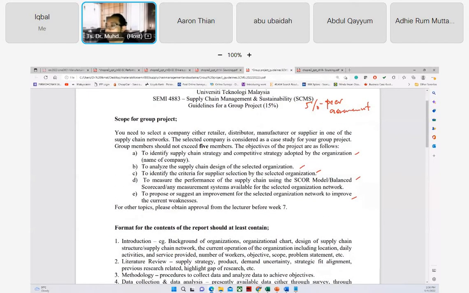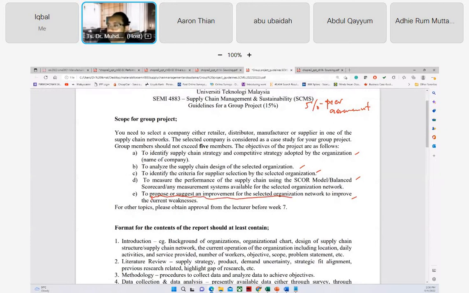And then E, to propose or suggest an improvement for the selected organization network to improve the current weaknesses. So at the end of the day, what you have to do is propose or suggest an improvement. So that's the key thing.